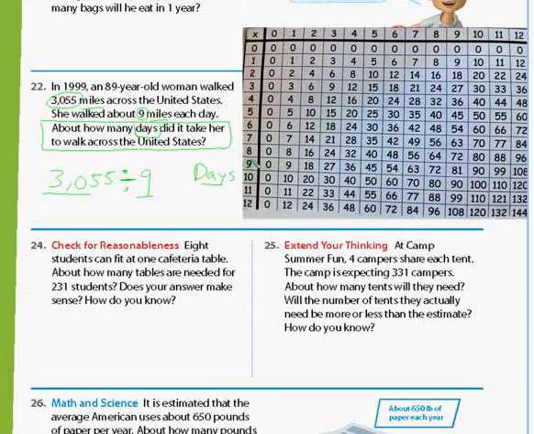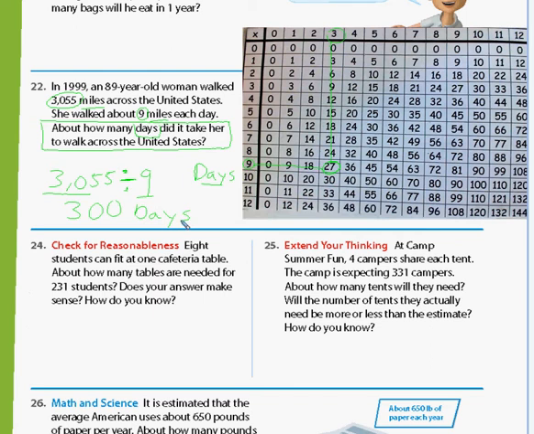On our multiplication chart, 27 is really close to that. So that's 3. And 2 more place values to account for. So it took her about 300 days to walk across the United States, almost a year to walk across the United States.